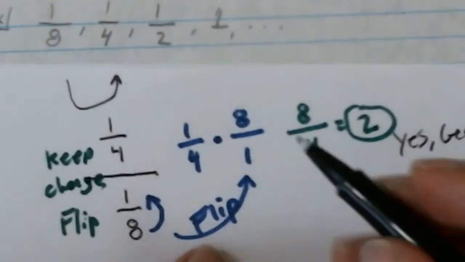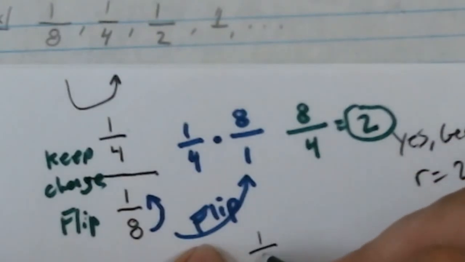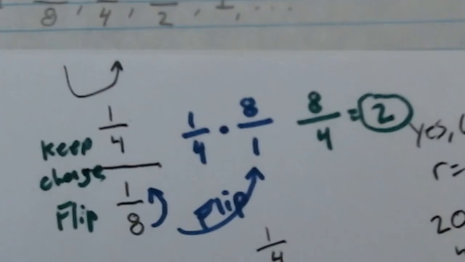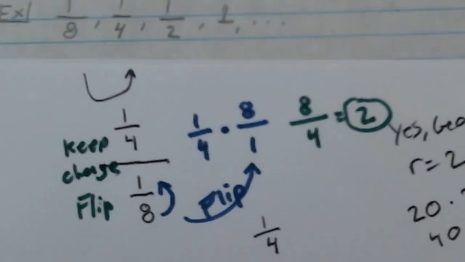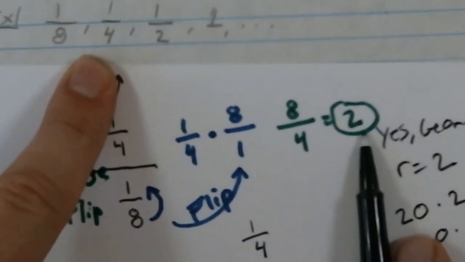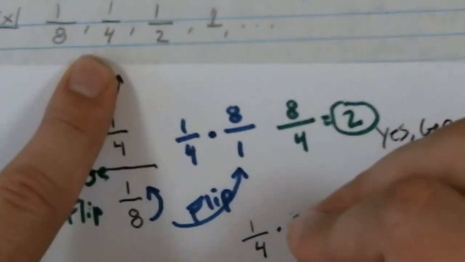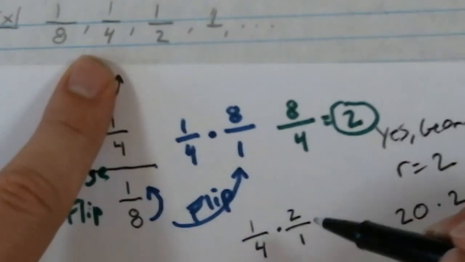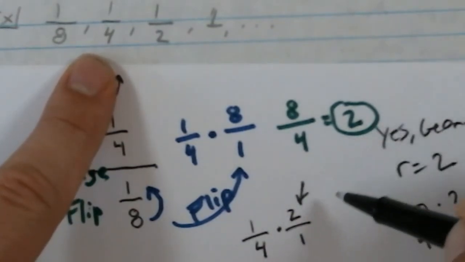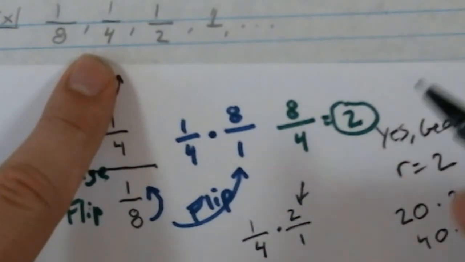So test it. So let's go 1/4 times our 2. 2/1. Remember, 2/1 is how you write it to a fraction. 2/1 is how you do the fraction part. And multiply this across.